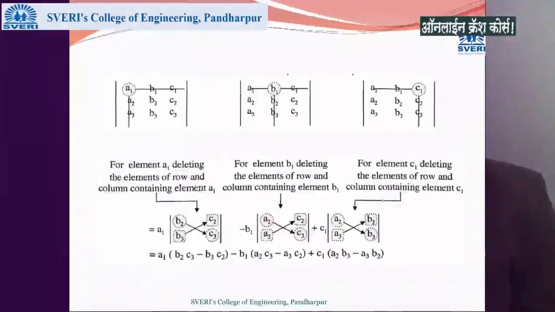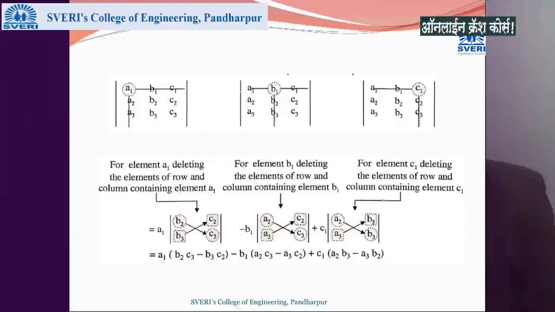Look at a1: neglecting the terms b1 and c1, and the elements below a1, that is a2 and a3, we get a1 into the minor of a1, that is b2, c2, b3, c3, minus b1.